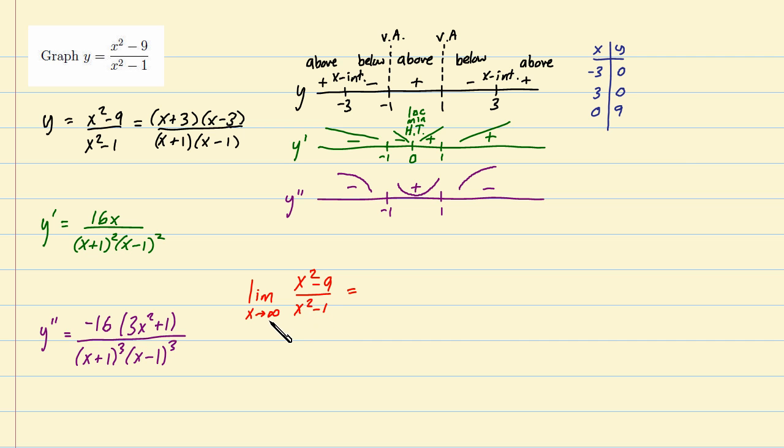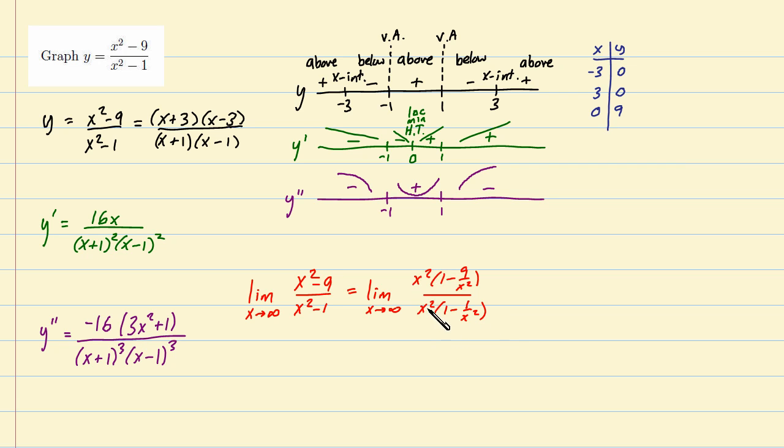Notice as we consider x approaching bigger and bigger values, both the bottom and the top are getting very, very large because of this x squared term. What I could do is factor that x squared term out. It would be x squared times 1 minus 9 over x squared, over x squared times 1 minus 1 over x squared.